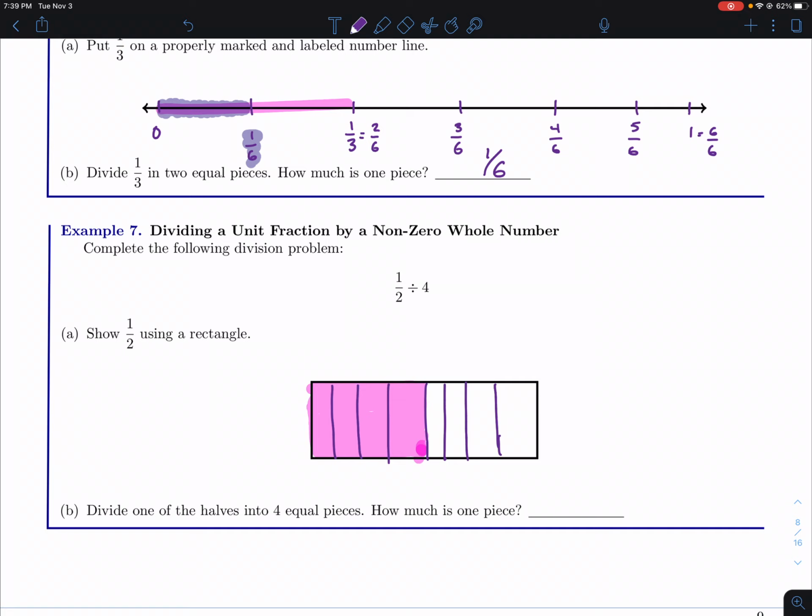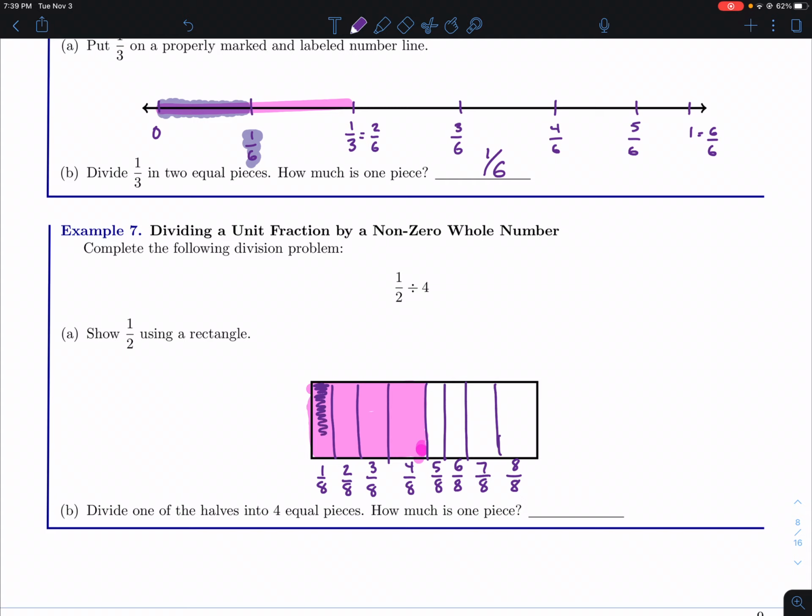And so hopefully I would notice that this is going to be 1/8, 2/8, 3/8, 4/8, 5/8, 6/8, 7/8, and 8/8. So it's still my whole, but instead of having it divided into half, I divided it again. And by dividing it again, I turned it into a bunch of 1/8 chunks. And then again, we only care about one of them.